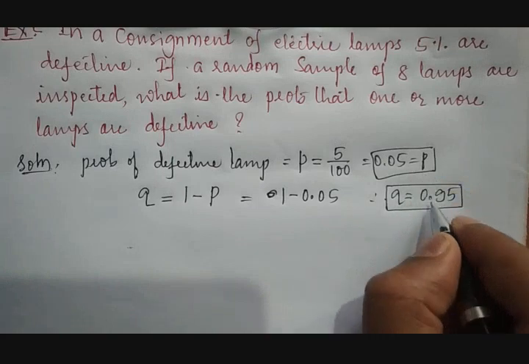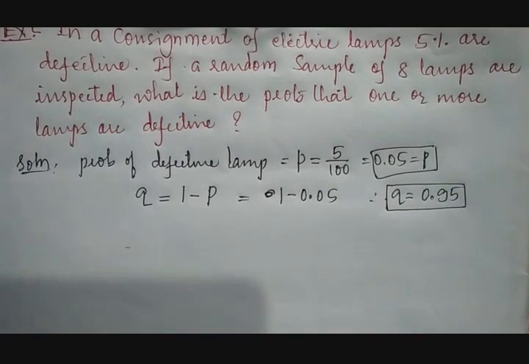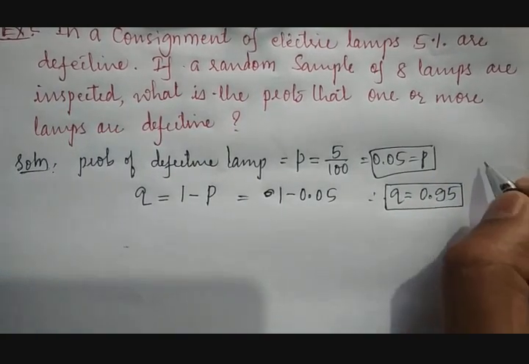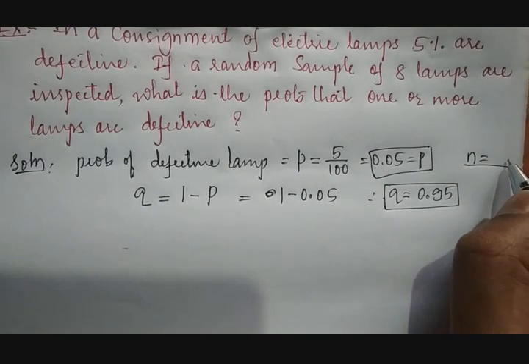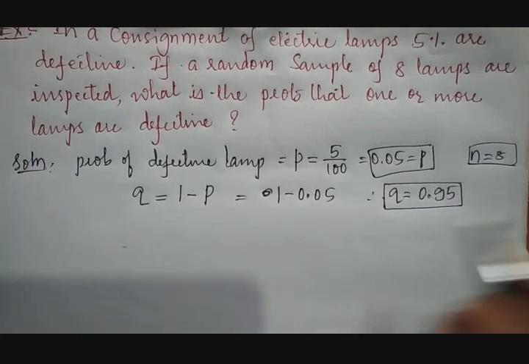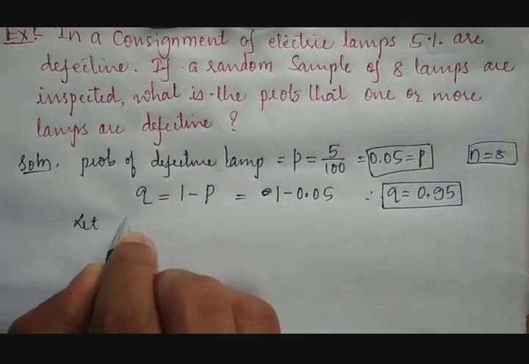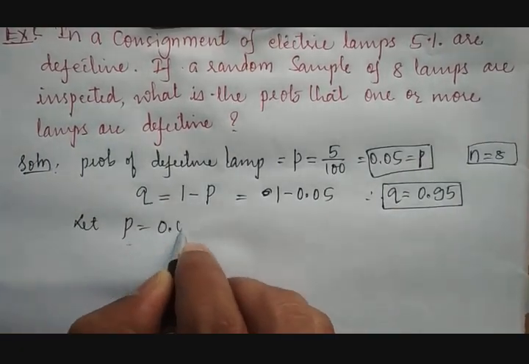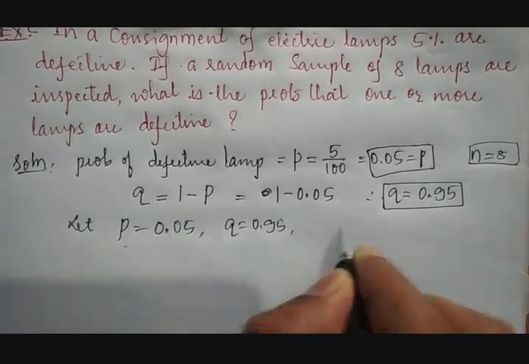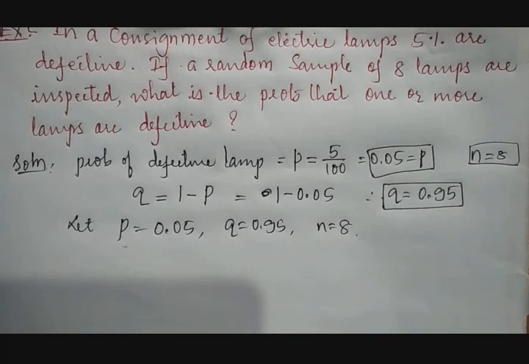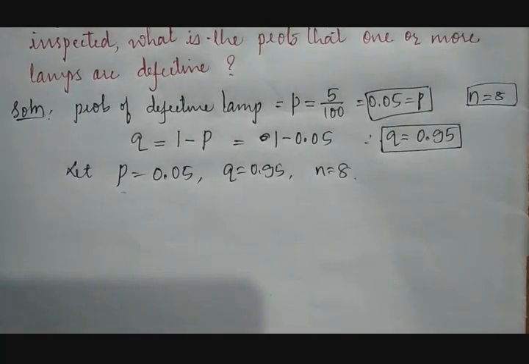If you add these two, again it should be equal to 1. Then what is N? Total number of bulbs taken for inspection is 8. Let's write down once again: P is equal to 0.05, Q is equal to 0.95, and N is equal to 8.